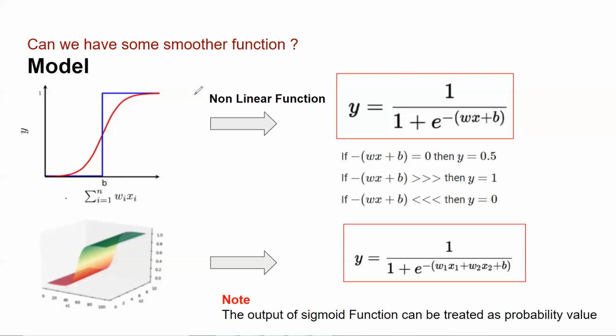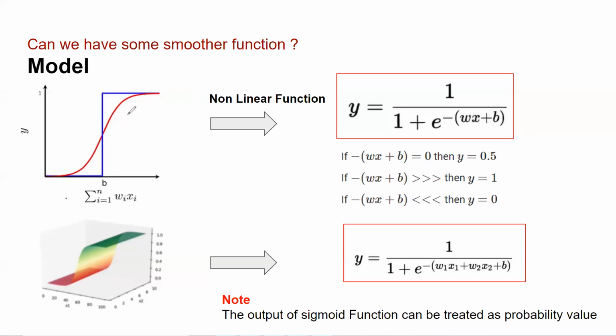This doesn't happen in a real life scenario, the way I gave the example of a car. So instead of this blue line function, we would prefer to use this red line function.